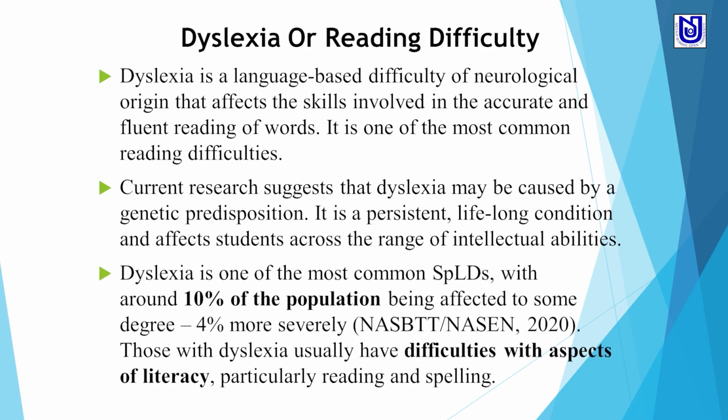Dyslexia is one of the most common specific learning difficulties, with around 10% of the population being affected to some degree, 4% more severely. Those with dyslexia usually have difficulties within the aspects of literacy, particularly reading and spelling.